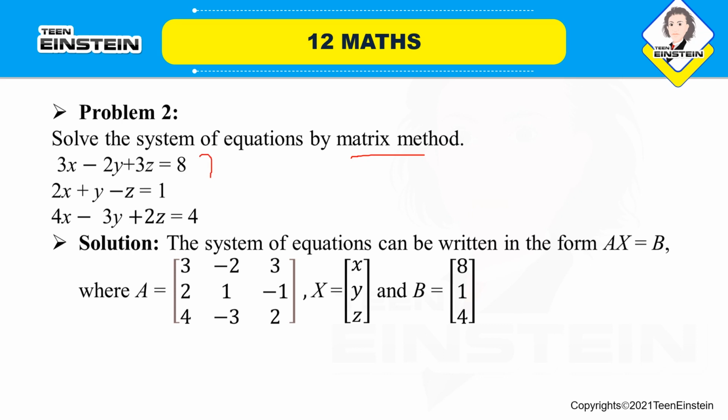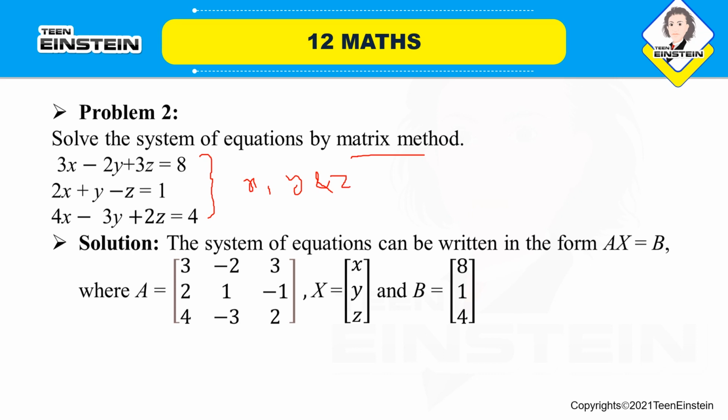So there are three equations in three unknowns, x, y, and z. Therefore, the system can be written in matrix form as Ax equal to B.